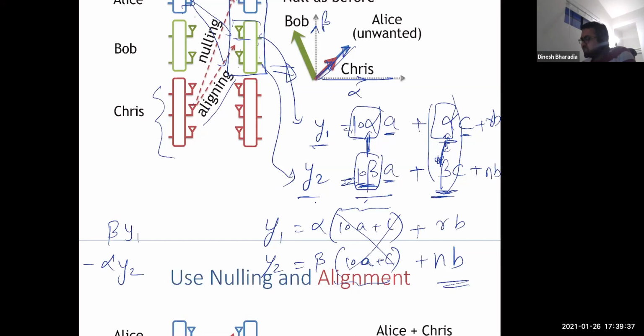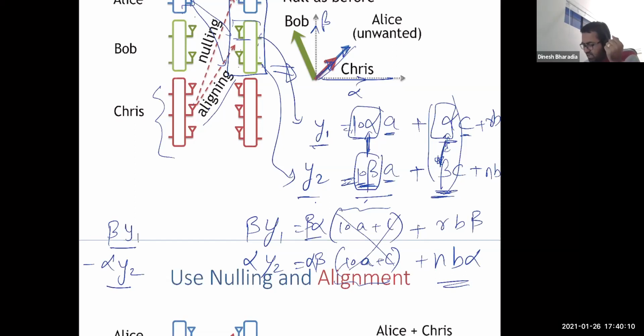If they follow the same ratio, what happens is that when I do this subtraction, beta times y1 and alpha times y2, let me rewrite it. Alpha here, and then alpha and beta here as well.